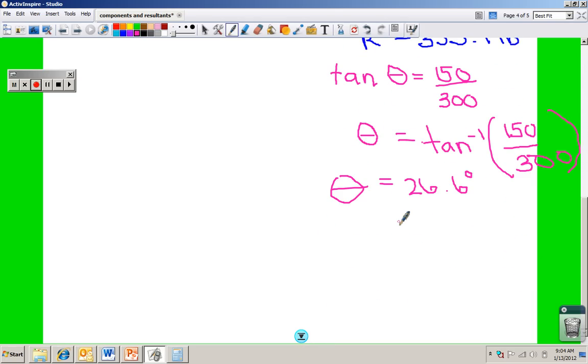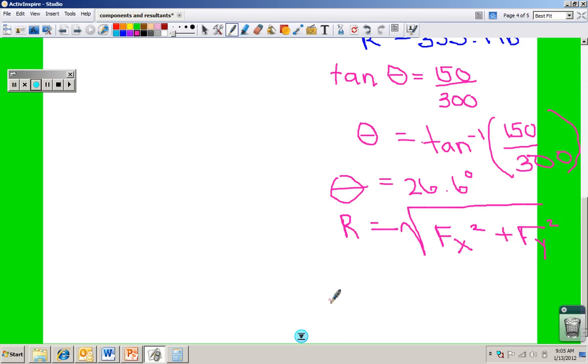So let's go back and write the general equations for this, okay? The resultant is equal to the square root of Fx squared plus Fy squared, alright?